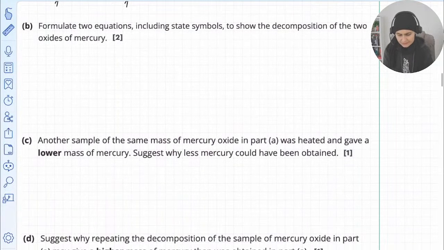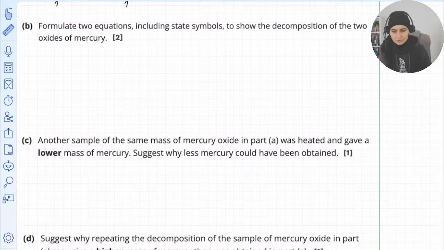Next, formulate two equations including state symbols to show the decomposition of the two oxides of mercury. Apparently we would get mercury and oxygen. So Hg2O, including state symbols, I'd say this is solid, and mercury, it's a metal, right?